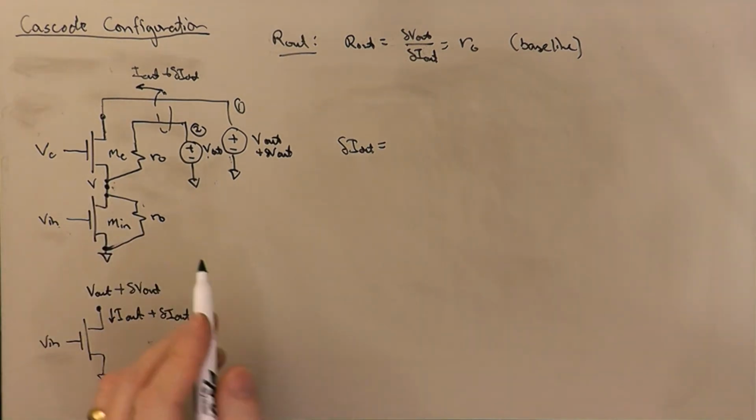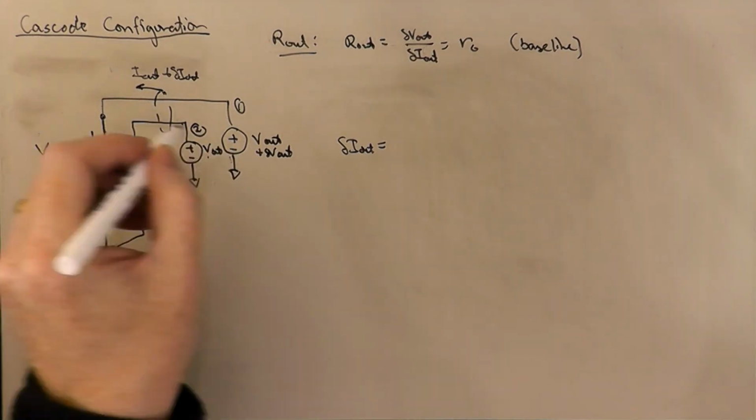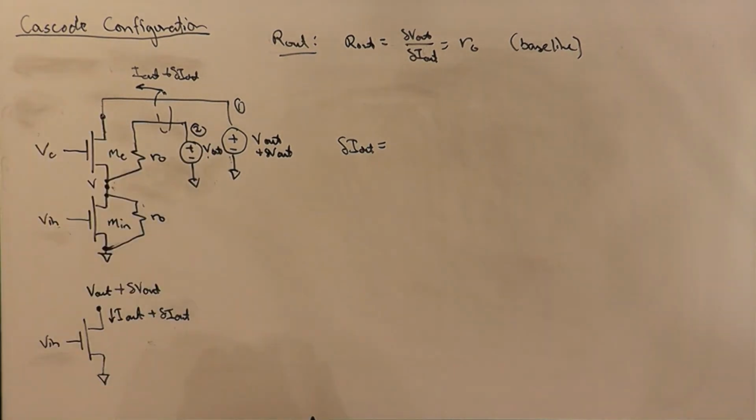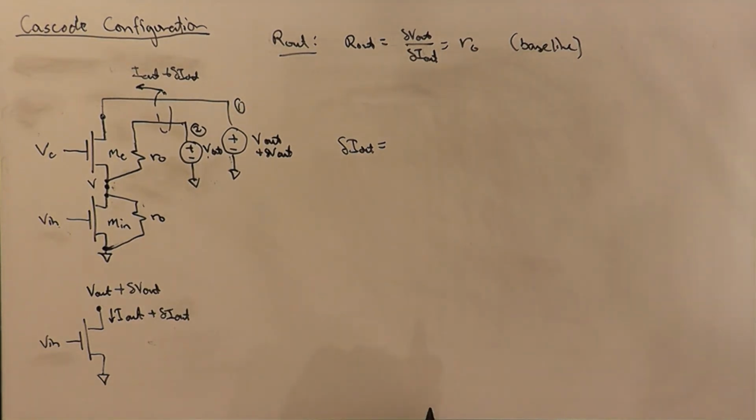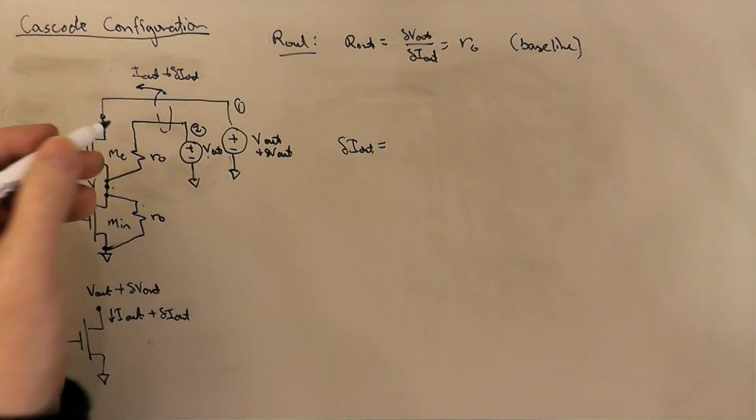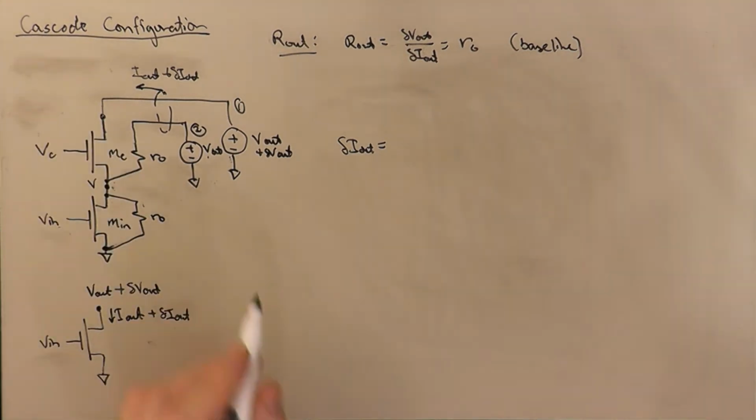And so delta I out 1,1 will be 0 because branch 1 admits no current when we change the voltage on branch 1. Also branch 2 will not have any additional current flowing in it due to the change in voltage on branch 1, because that 0 current doesn't affect anything and the change in voltage here isn't seen by anything else. So 2 of the 4 components are going to be 0.